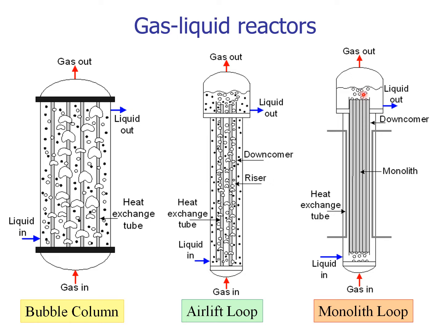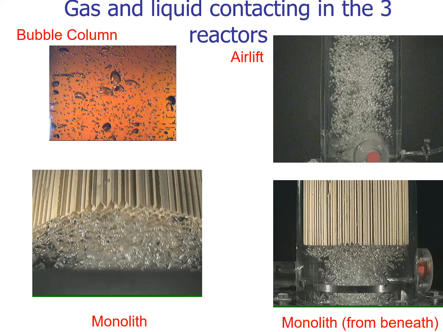The gas disengages at the top, and the liquid is recycled back to the inlet. Let's have a look at the video recordings of gas and liquid contacting in bubble columns, airlifts, and monoliths.